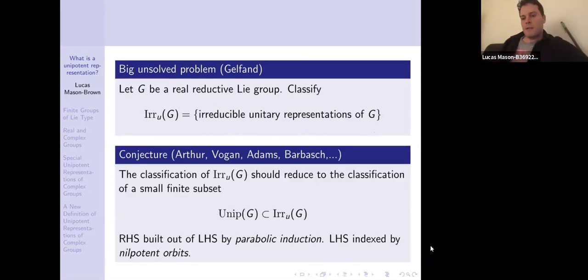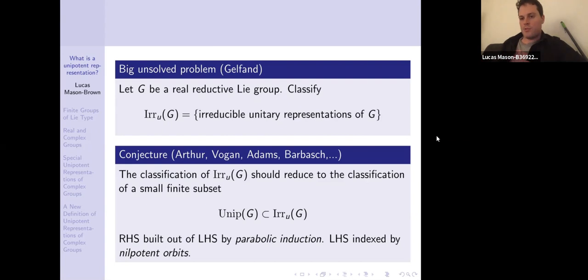But one of the important and influential ideas goes back to Arthur and Vogan and others. The idea is that the classification of irreducible unitary representations should reduce to the classification of a small finite subset of representations called unipotent representations.